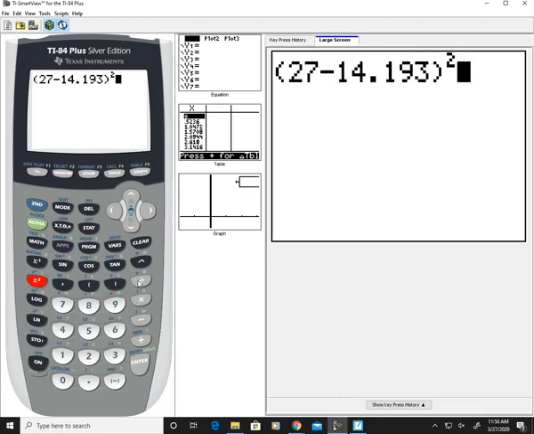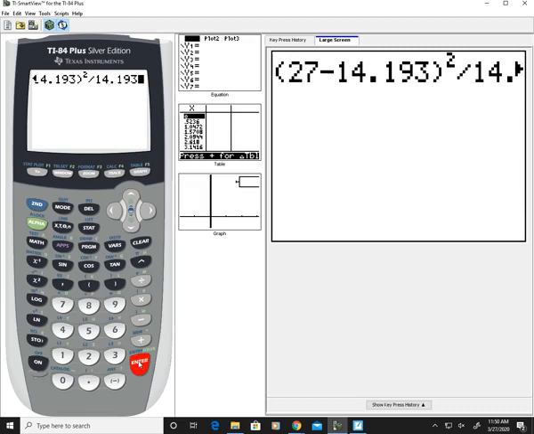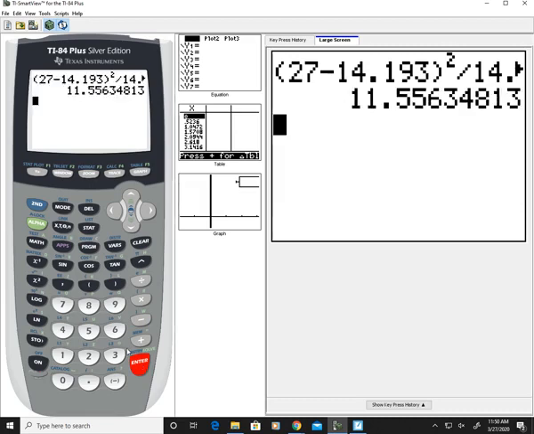And then divided by the 14.193. And you can see that that contributor was really almost the entire deviation.